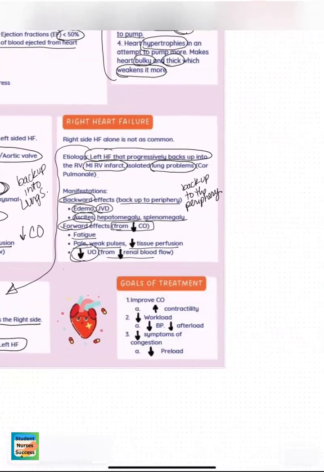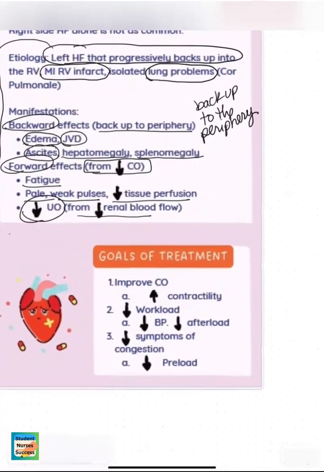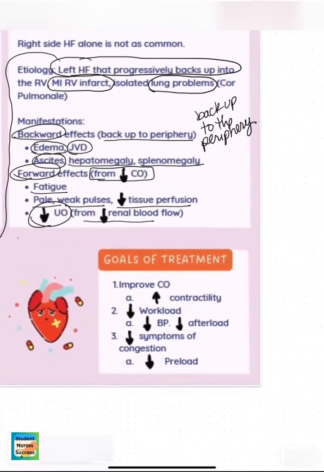Let's talk about goals of treatment with heart failure. When a patient is in heart failure, we're really focused on trying to just improve and prolong the situation so that they can have the best quality of life. If the heart is in complete failure, they may need a heart transplant, but at this point, a lot of people may not be a candidate.